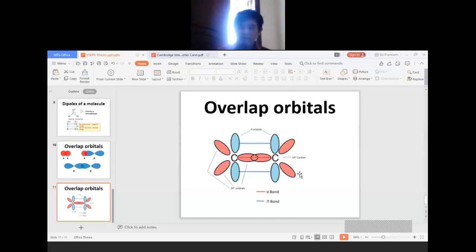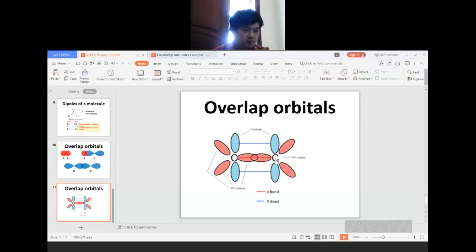And the shape of a p orbital is a dumbbell, so two loops. One loop is at the top and the other loop is at the bottom. Okay, this is the overlap orbital.